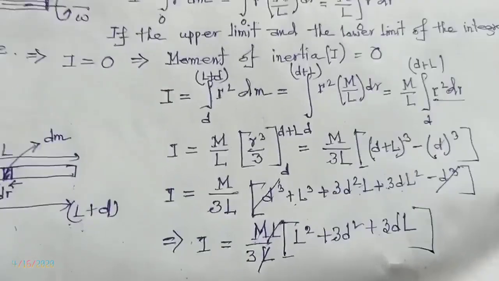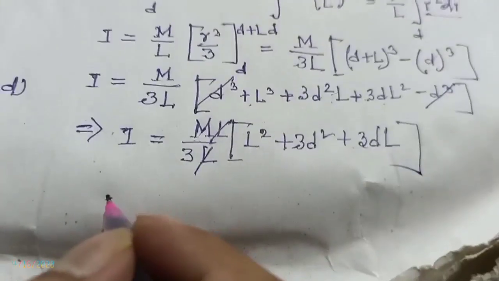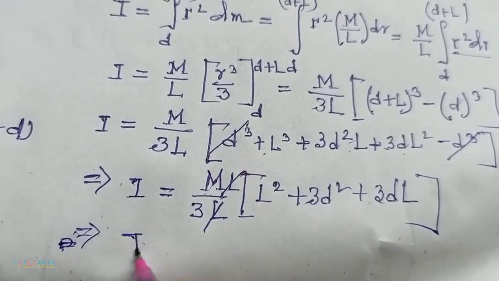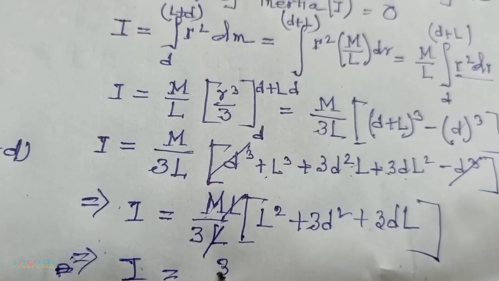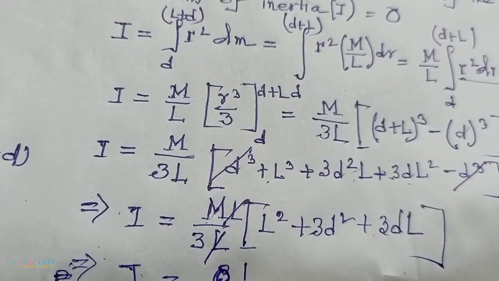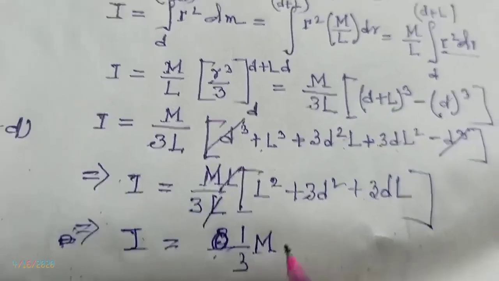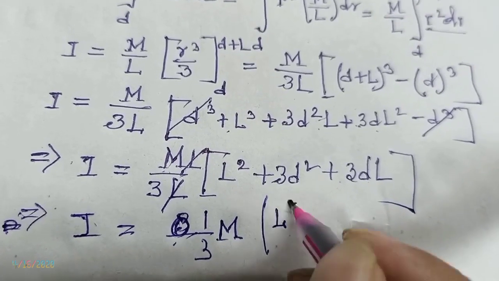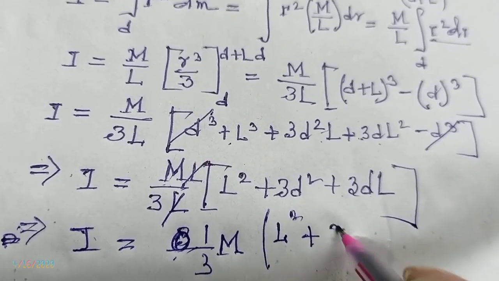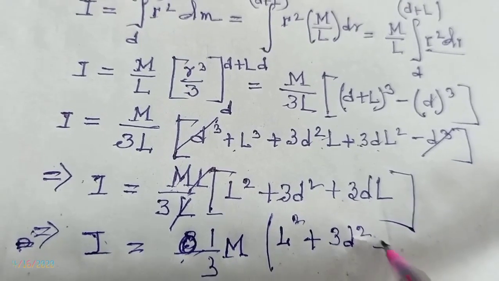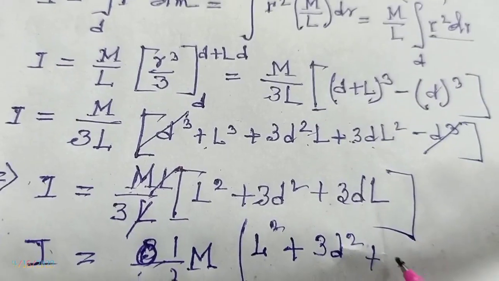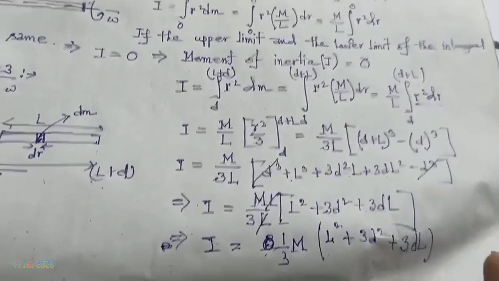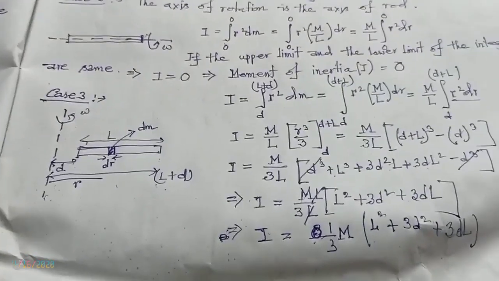So after cancellation, our moment of inertia becomes I equal to 1/3 m into l square plus 3d square plus 3dl. So this is the moment of inertia for this type of orientation of rods.